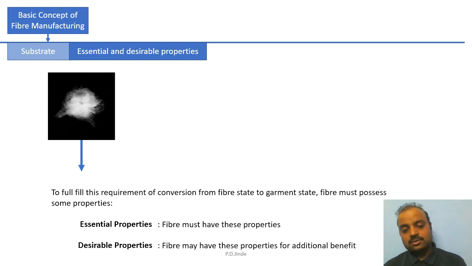Those are essential properties, and second, desirable properties. Essential properties, as the name suggests, are properties fiber must have, and desirable properties are less important than essential, but if they are present, these properties will add value.